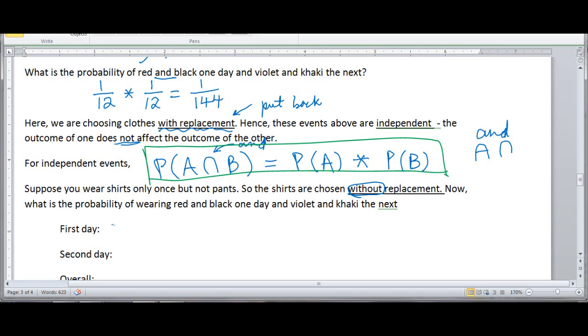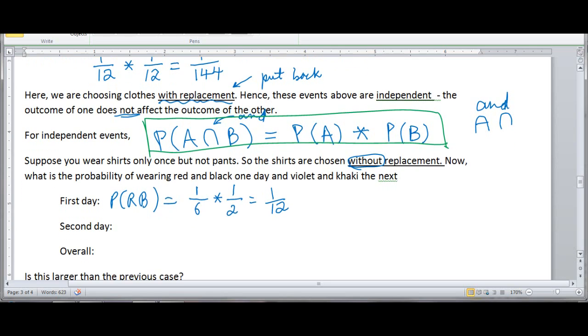Okay, so the first day I wear red and black. How many red shirts do I have? 1 total out of 6. And then I have black pants, 1 black pants out of 2. So that's still 1/12. That's what we've seen before, nothing new, right?